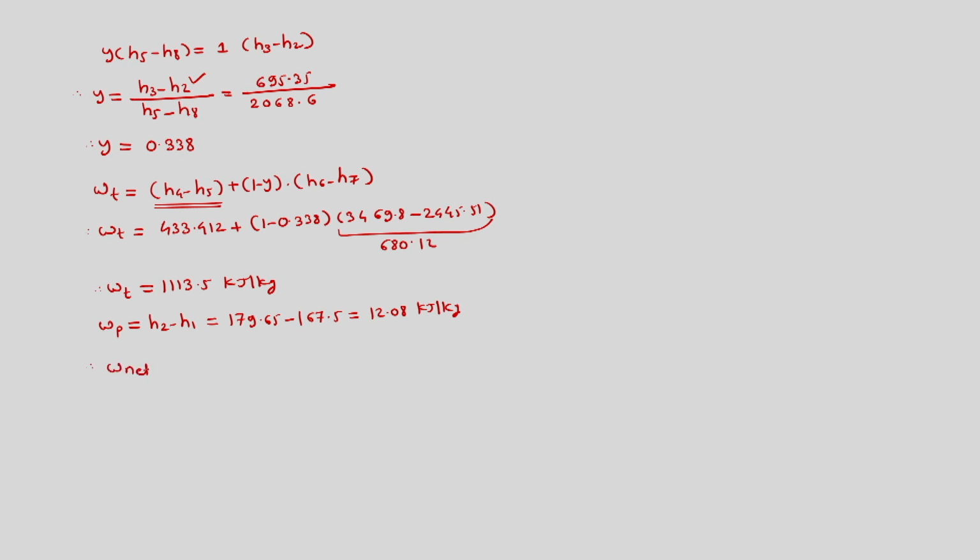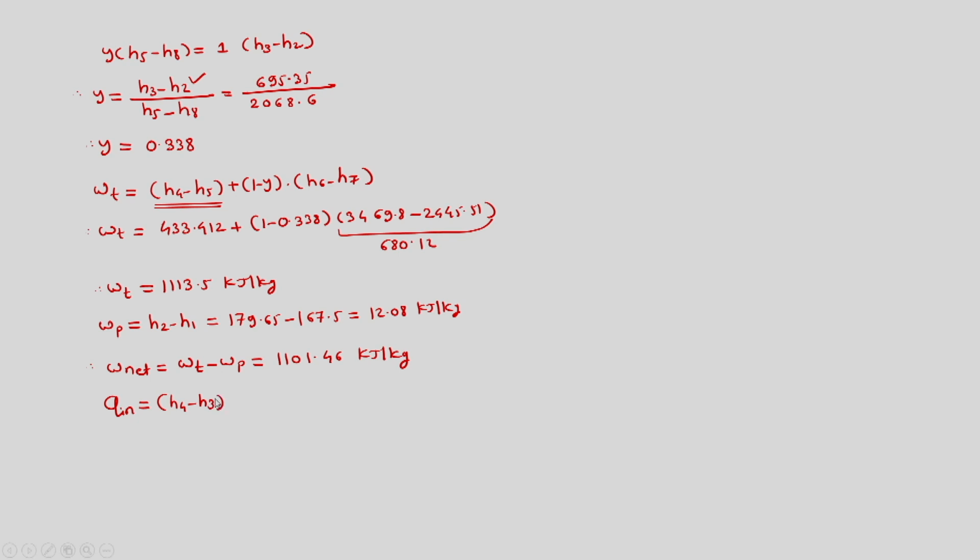So net work is equal to WT minus WP, and that is equal to 1101.46 kilojoule per kg.